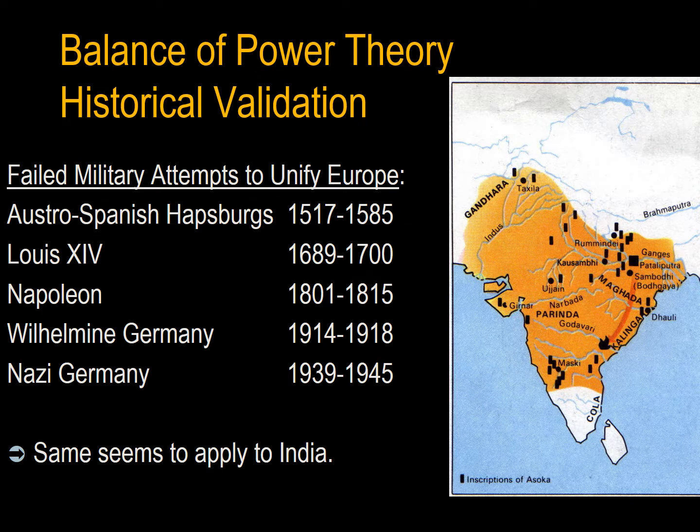The balance of power also applies to India. India was never unified. Specifically, in its largest pre-modern empires, it never contained the Chola Peninsula in the south. Chola is not weak. Chola is the center of global commerce that goes through the Indian Ocean from China to the Middle East to Europe. Jeans come from Chola.